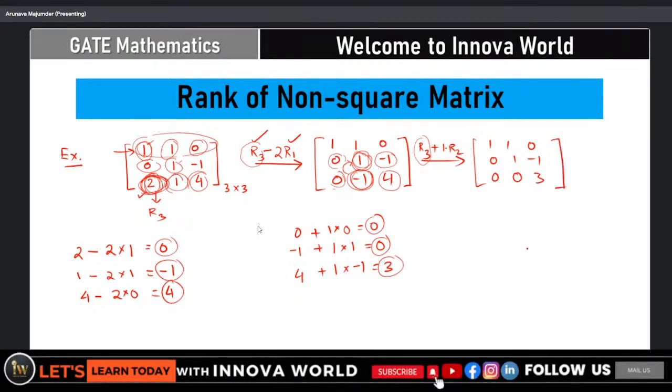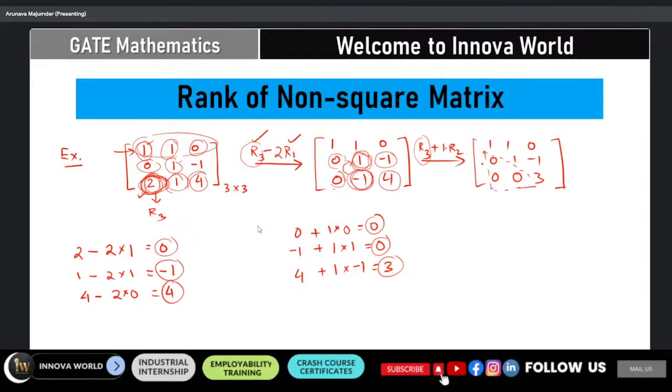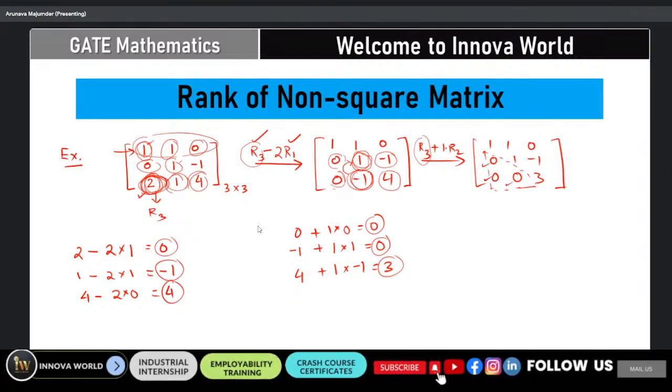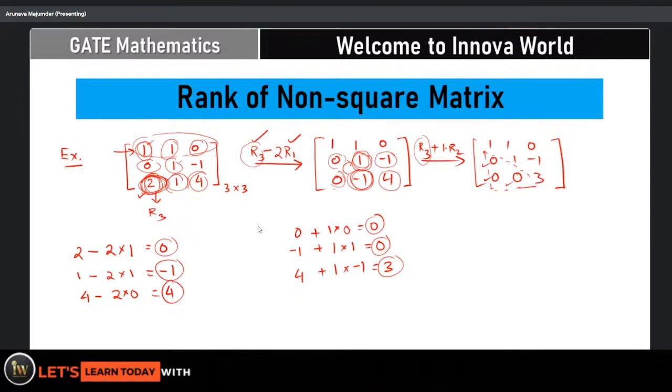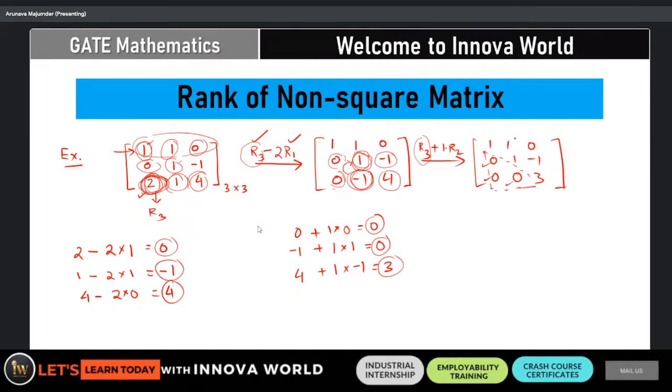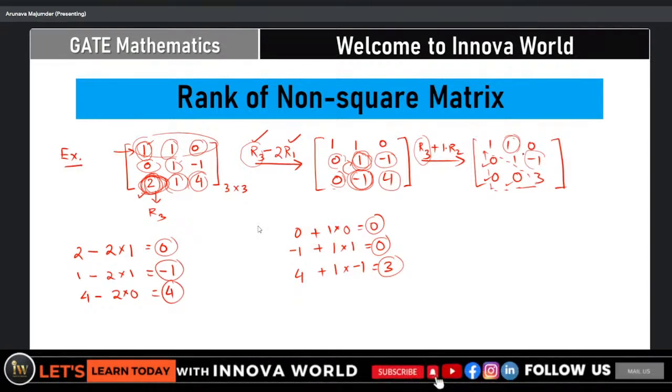Now look, you can see that below the diagonal, all these three elements become 0. So after that we will not go further. In some books you can see other operations that can also be done; in some other books they make this element 0, this element also 0, and this element also 0.